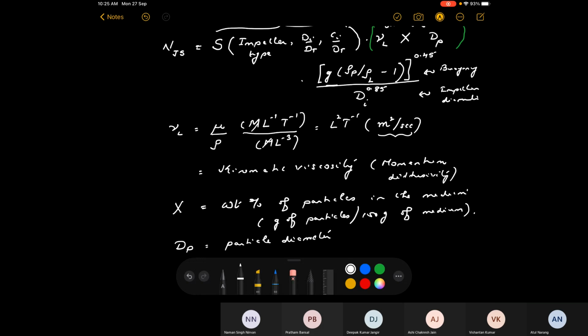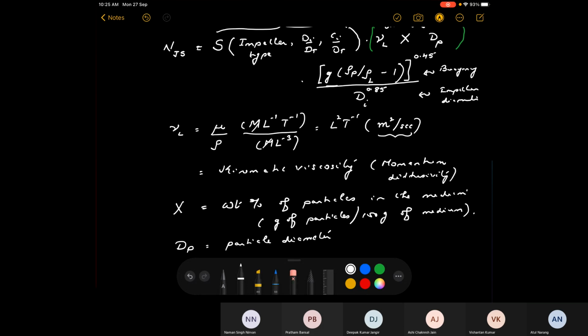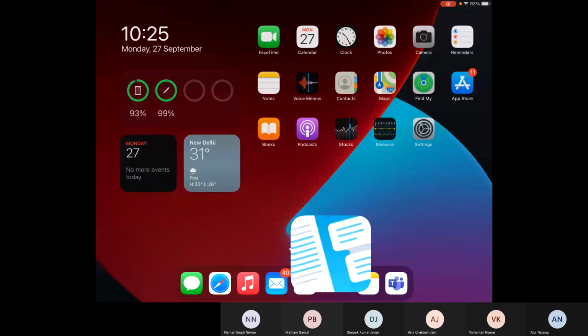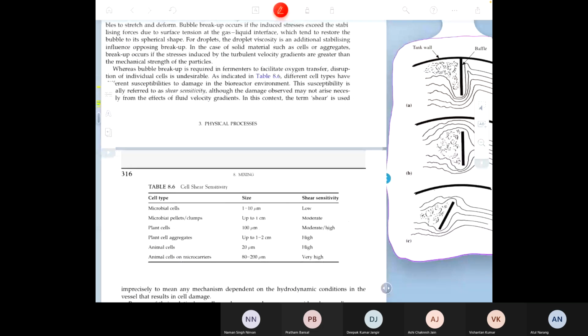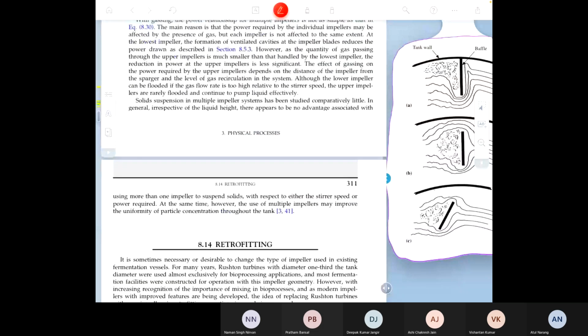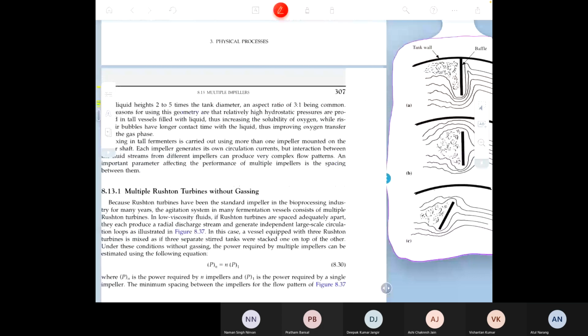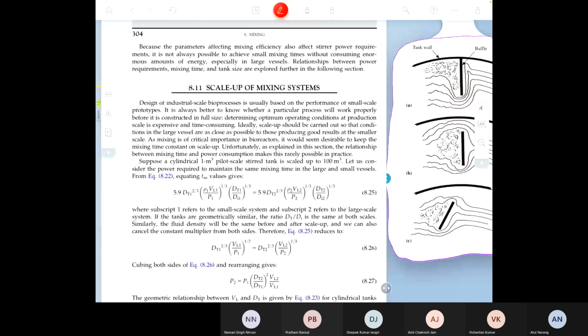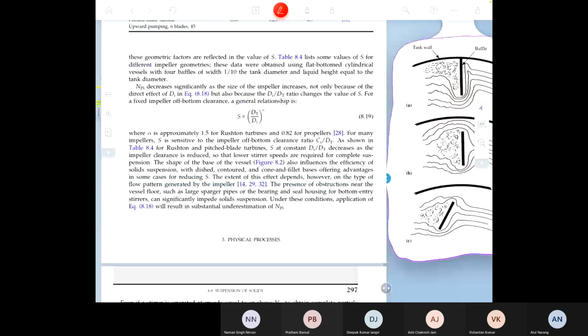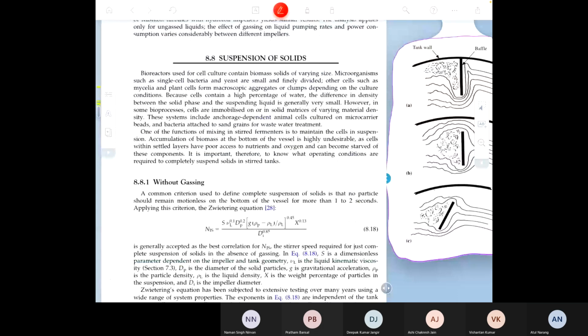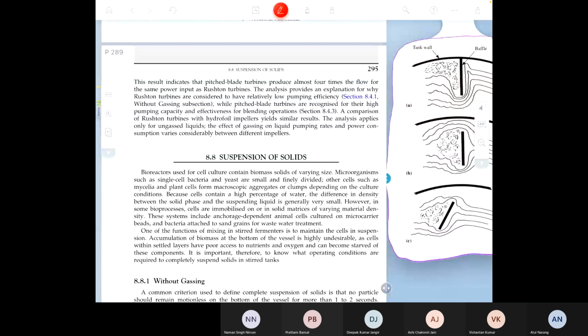So I have nothing more to add to that. Let me actually mention to you where I'm covering in the book. Okay, so section 8.8 is what we are covering right now.